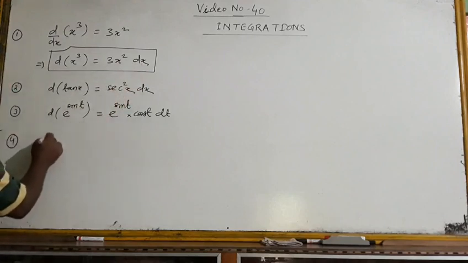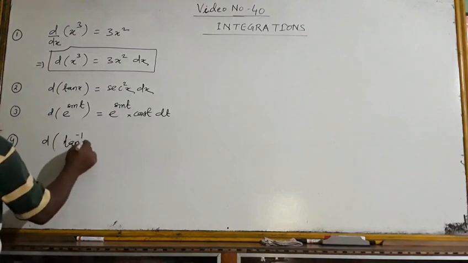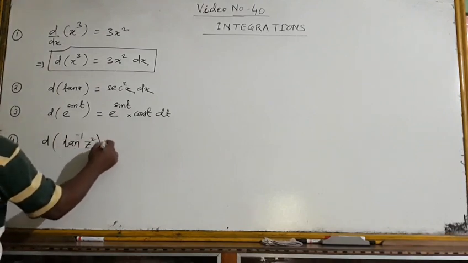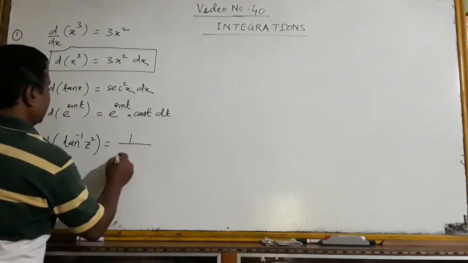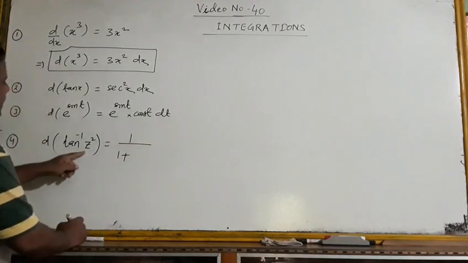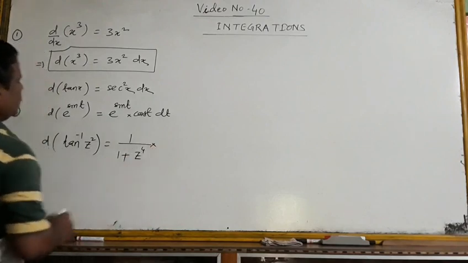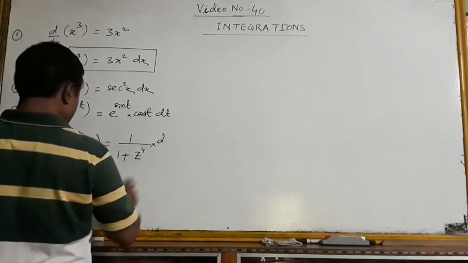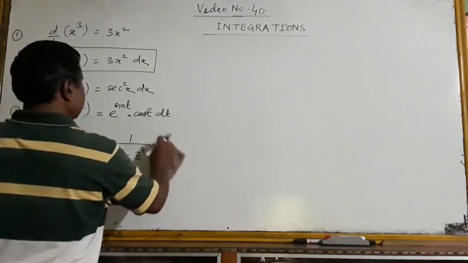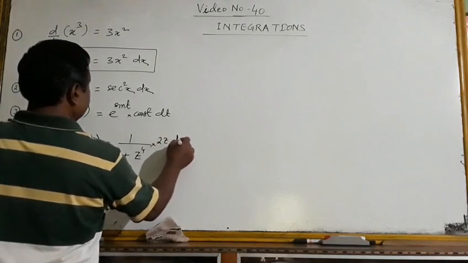Now tell me, d of tan inverse z square. You know what is the derivative of tan inverse z square? It is simply 1 by 1 plus z square whole square, that is z to the fourth, into the derivative of z square, that is 2z.